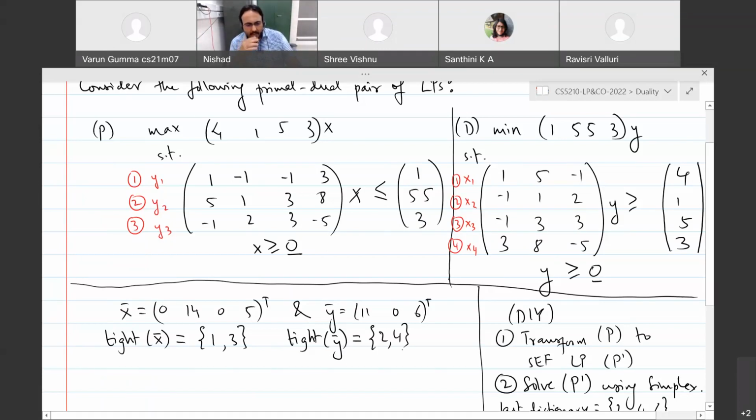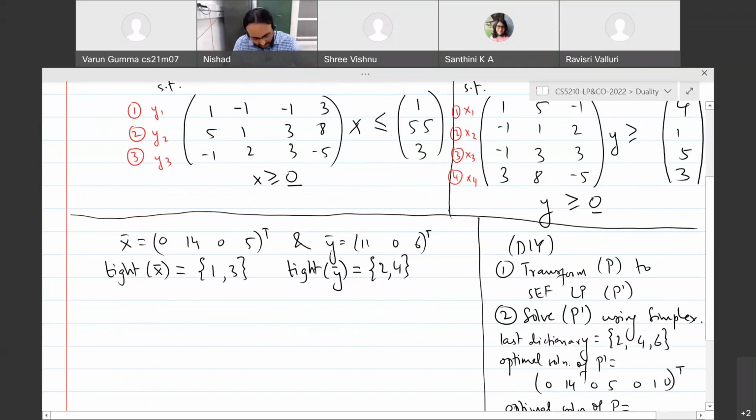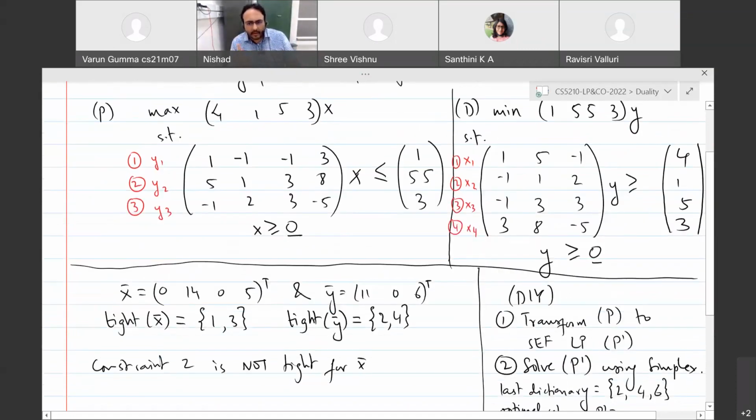Observe that among the constraints that are not tight for x bar, in particular constraint 2 is not tight for x bar, and the corresponding dual variable is y2.